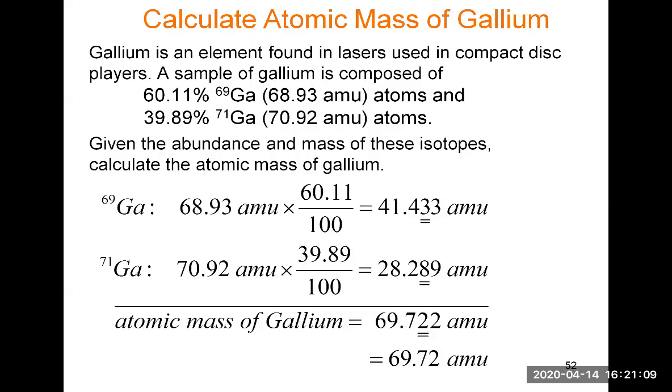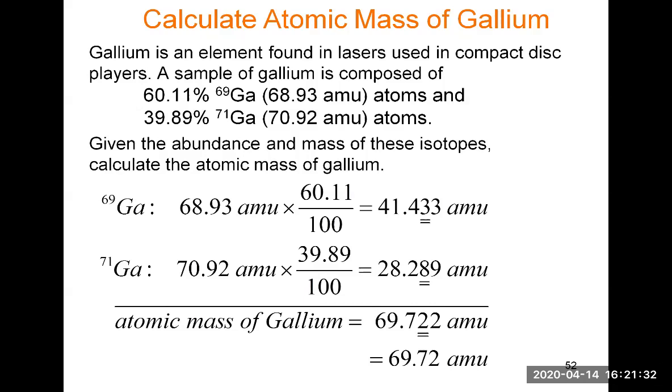And you write as much as you can of the intermediate answer. Both the mass and the percentage have 4 sig figs, so you keep 4 sig figs for the intermediate answer without rounding. Remember, do not round intermediate answers.